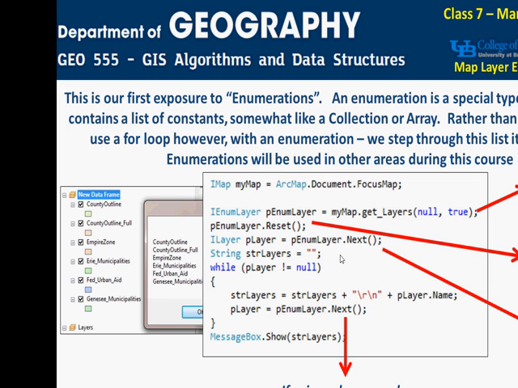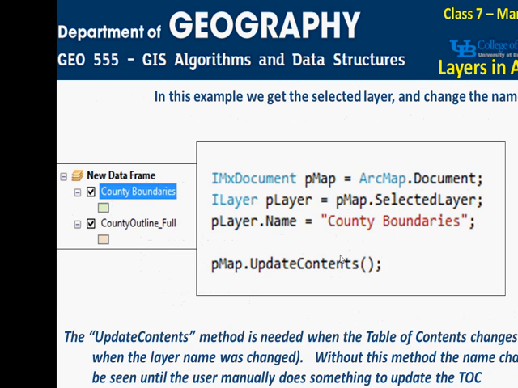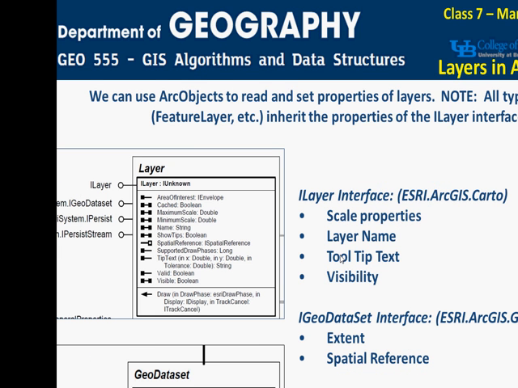So I won't go into this too much other than this discussion, and we'll talk a lot about these enumerations, I said probably shortly after spring break, when we get into the attribute queries and search cursors. Any other questions? It's early yet.